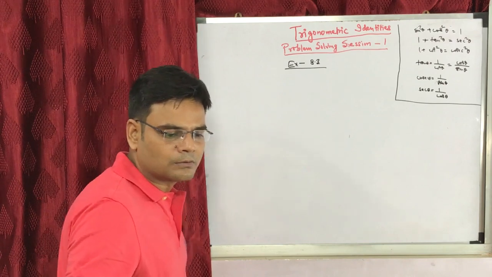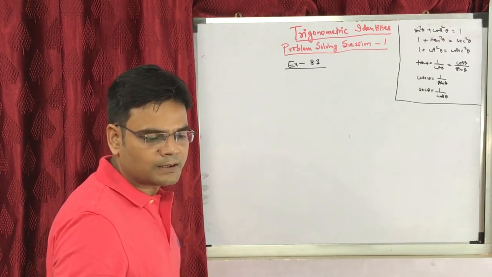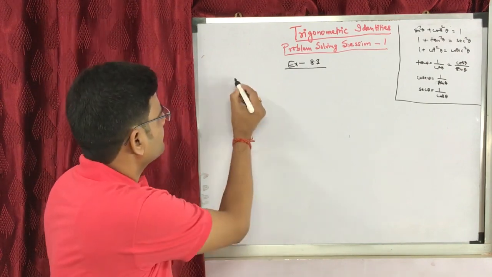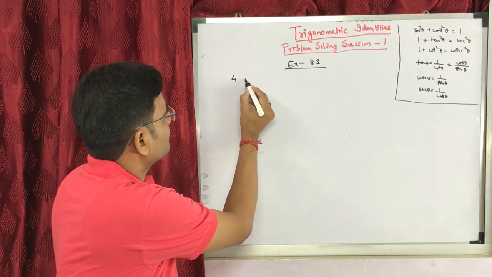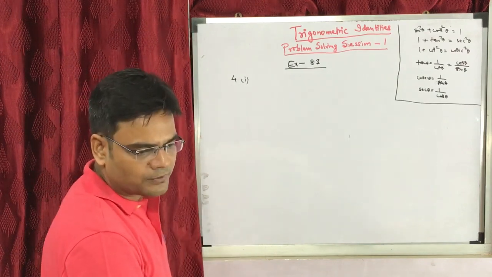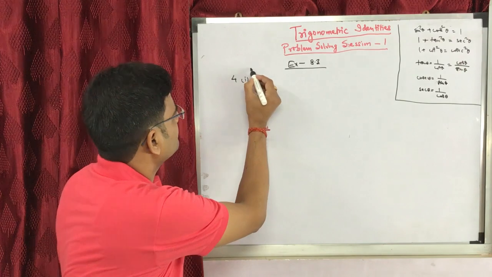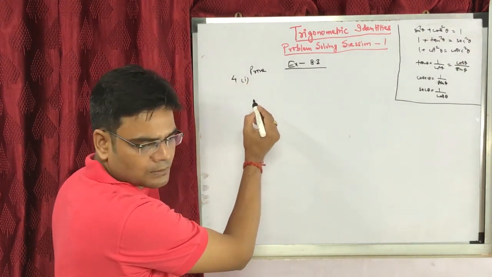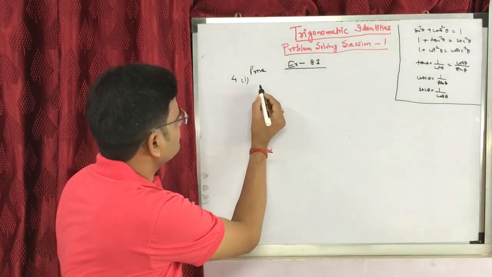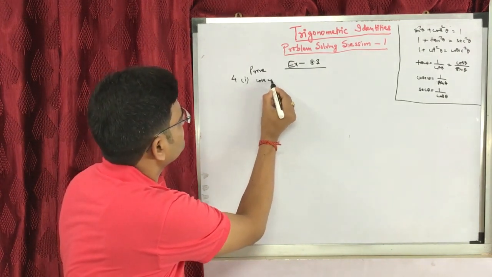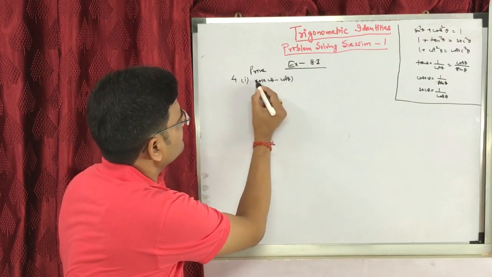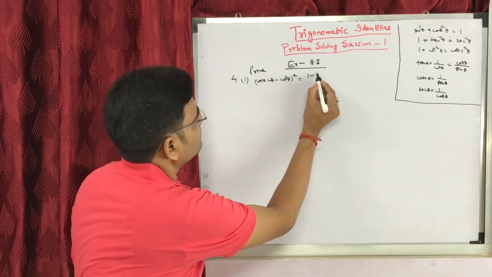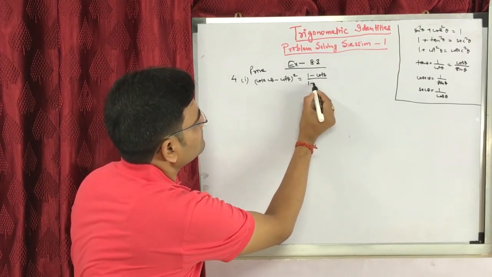I won't go through all of them, but the identities start with number 4. The first problem is: prove that (cosec theta minus cot theta) whole square equals 1 minus cos theta by 1 plus cos theta.